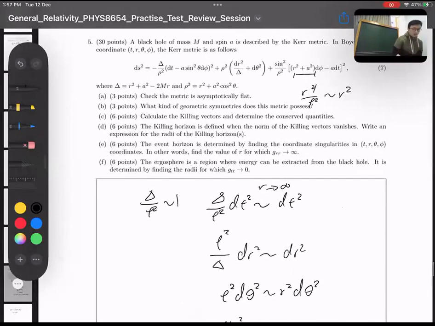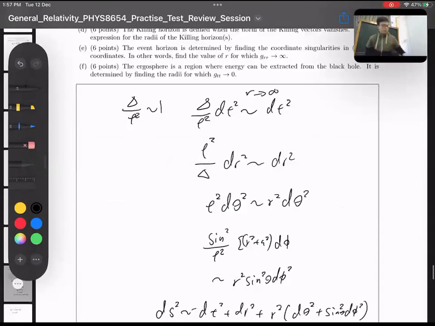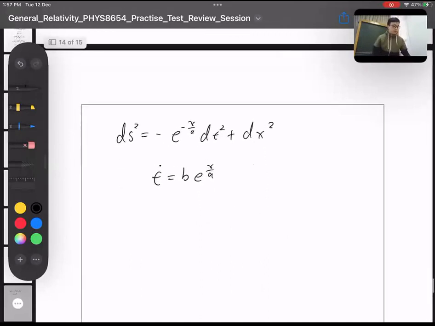So what a killing vector is, okay, let's do it for this simple one. So a killing vector, just look at the metric and see what it doesn't have. So it's in t and x coordinates, right? So what variable doesn't it have in front of the coefficients? It does not have a t term, right? So the killing vector is the t killing vector.